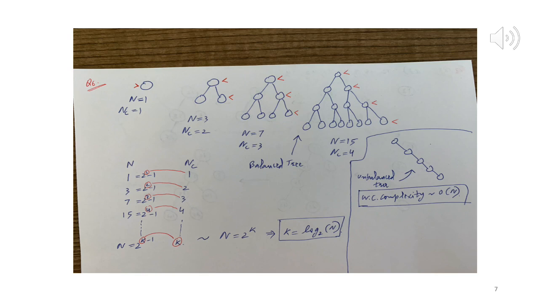So we know that comparison is a key operation. So we have two quantities, n for number of nodes and c in subscript for number of comparisons. So let's look at a tree with 1 node. One node, how many comparisons? 1. Let's look at a tree with 3 nodes. How many comparisons? Well, only 2. You start at the root, and then in the best case we have a hit at the root, but here we're looking at the worst case.